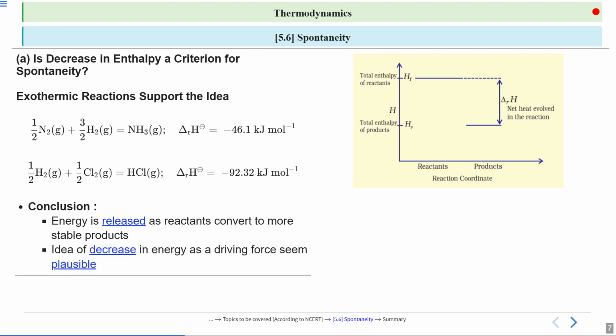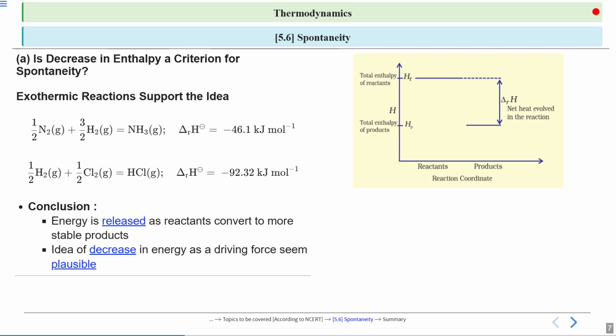So therefore, we can think of a decrease in energy as a possible driving force for a spontaneous process. Because all the processes that I mentioned right now are spontaneous in nature. And the reason that we are giving for now is the decrease in energy, or the exothermic process. But there is a contrast to this situation.